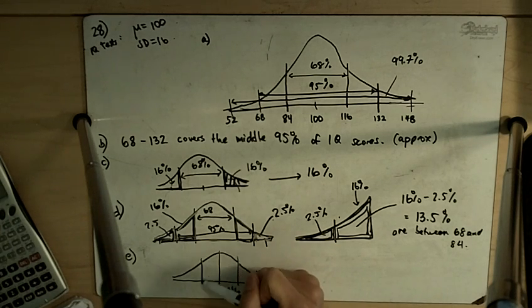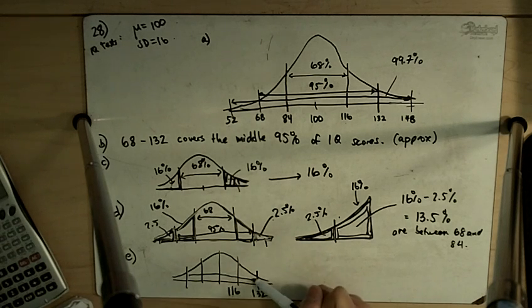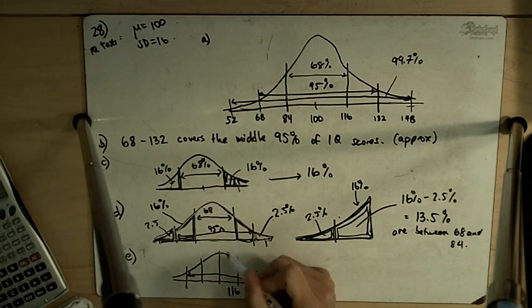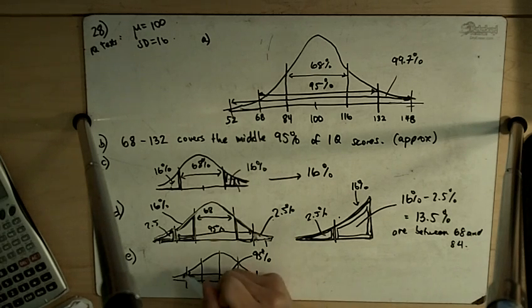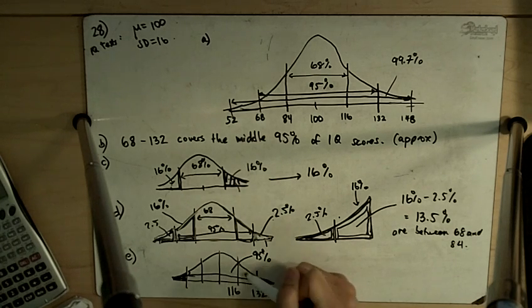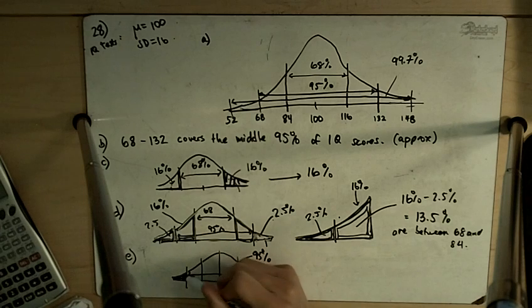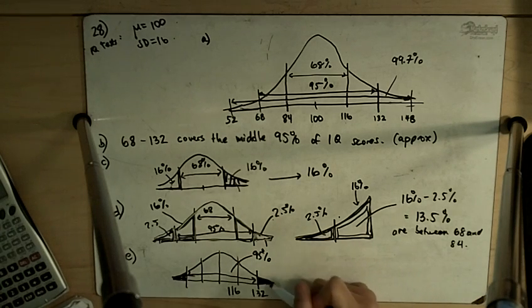And if we go 2 standard deviations above and 2 standard deviations below, this covers about 95%, which leaves a total of 5% in this tail and this tail combined.